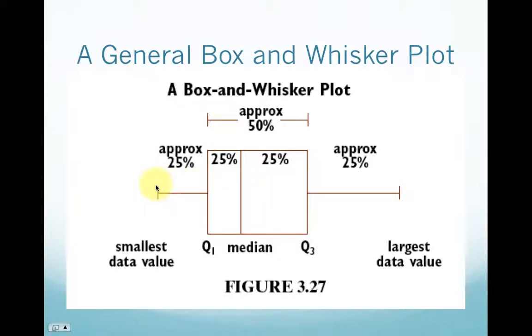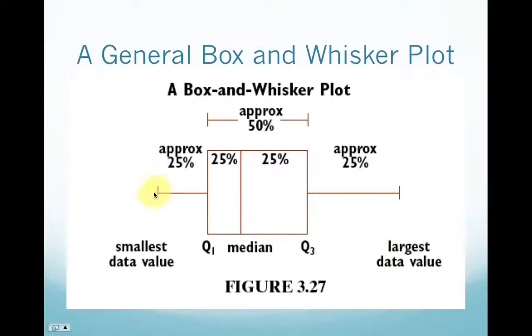You can think of the box and whisker plot being placed on top of a horizontal line that contains the data values listed in increasing order from left to right. The edge of the left whisker represents the smallest data value. The edge of the right whisker represents the largest data value.